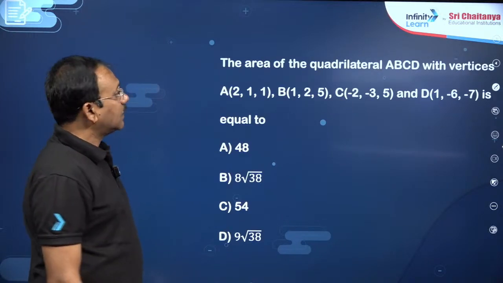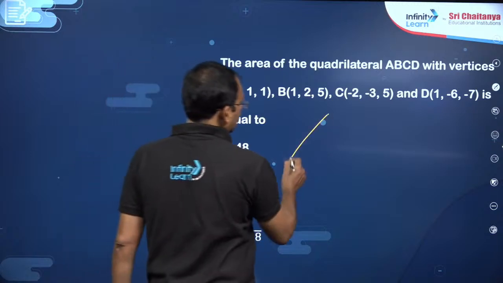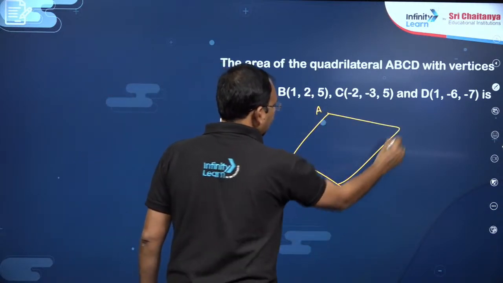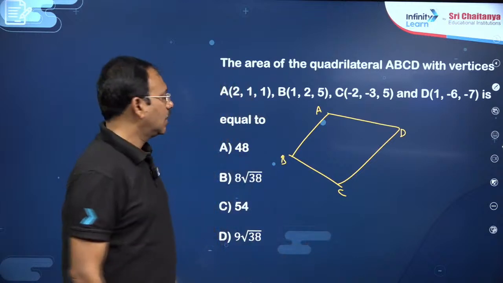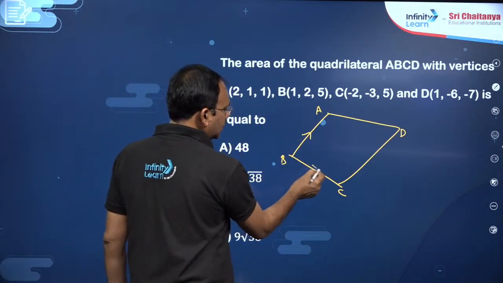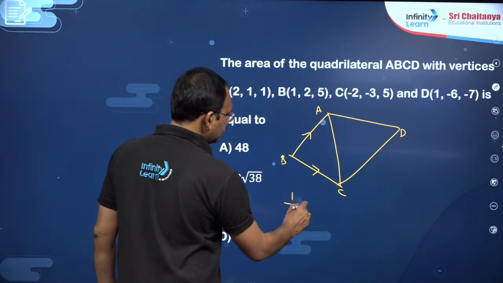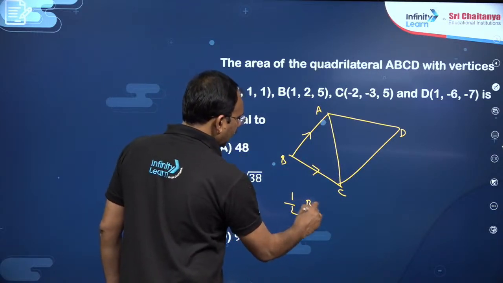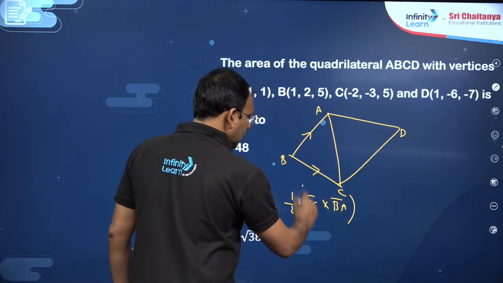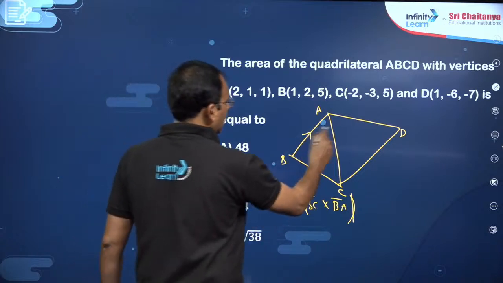Next, my dear friend, the area of the quadrilateral ABCD with vertices. In 3D geometry, a quadrilateral with vertices ABCD is given. How to find area of this? You can just find BA bar vector, BC bar vector, you can just find half BC bar cross BA bar, magnitude, you just find this vector and then magnitude, which gives area of this triangle.